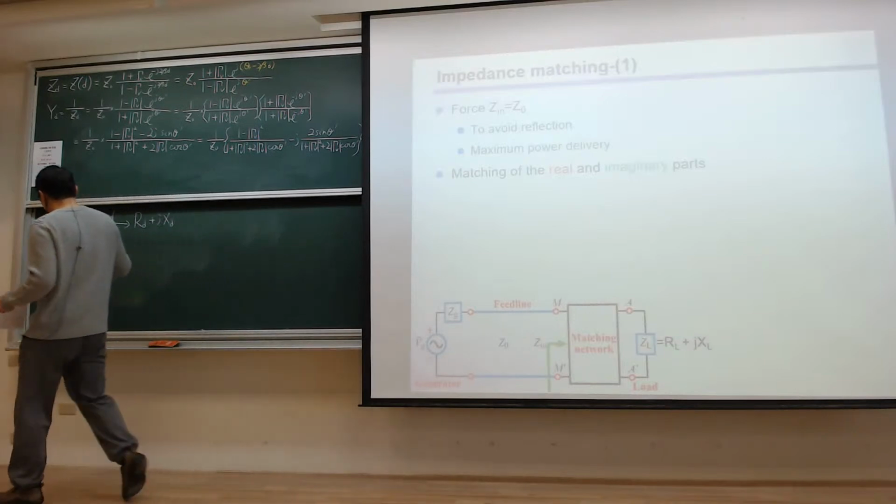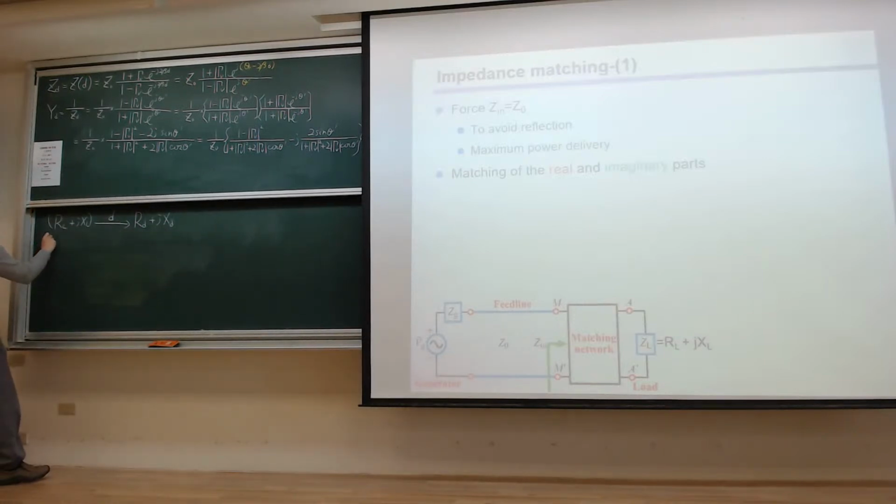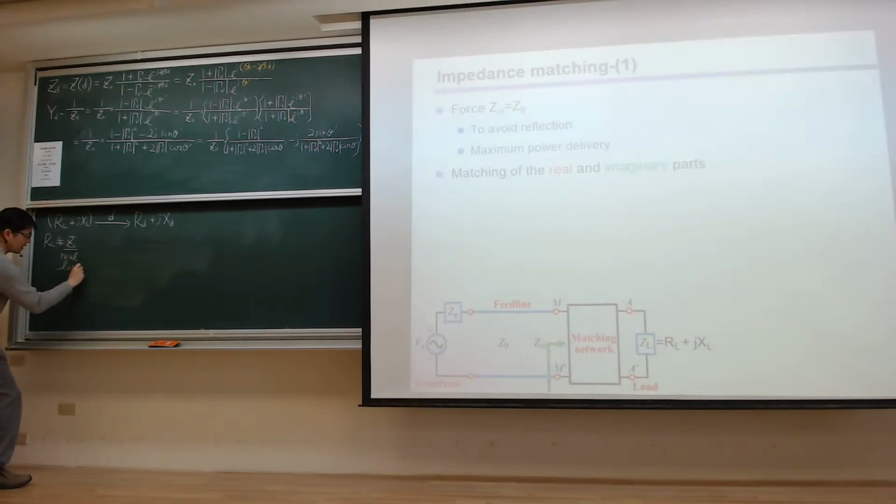So even though in the case RL is not equal to Z0, remember again, this is real for a lossless line, right?